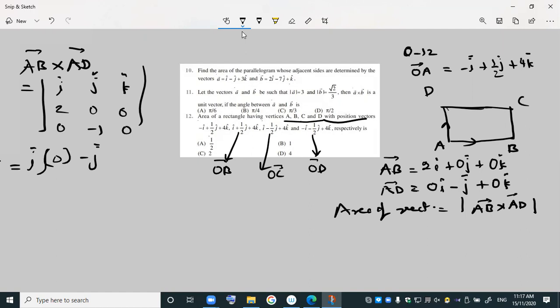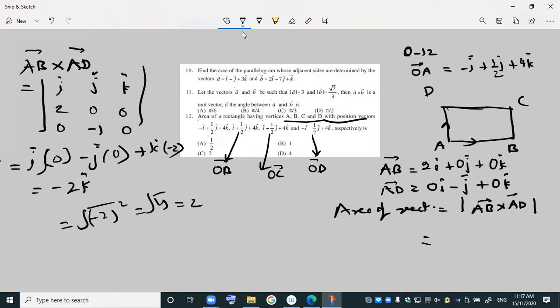Minus j: this will also become 0. k will become minus 2. So minus 2k. Answer is minus 2k and its magnitude will be under root minus 2 square, that is root 4, that is equal to 2.